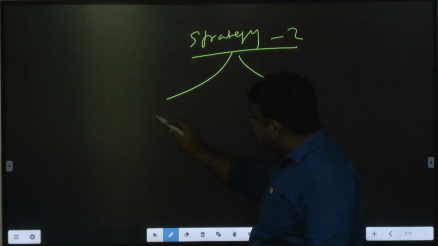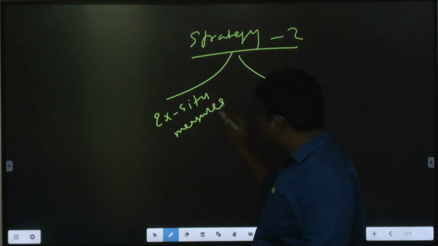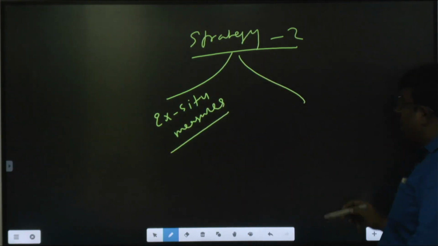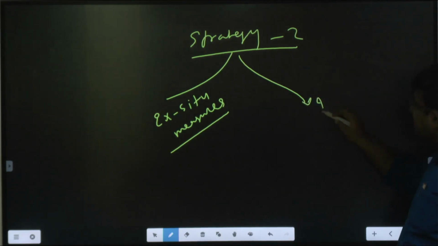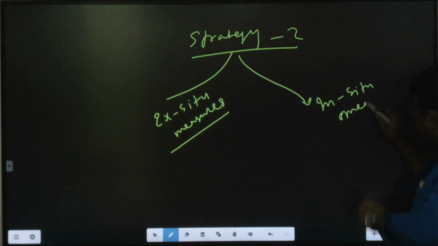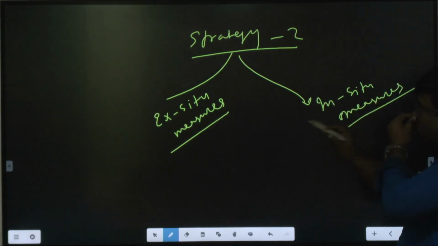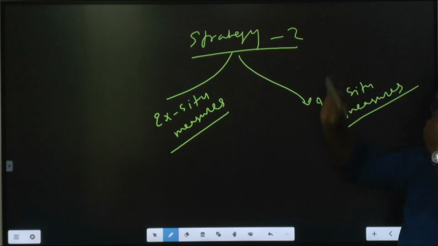One set of strategy is known as ex situ measures of biodiversity conservation, and another set of measures is known as in situ measures.